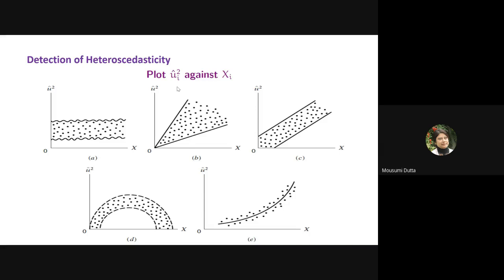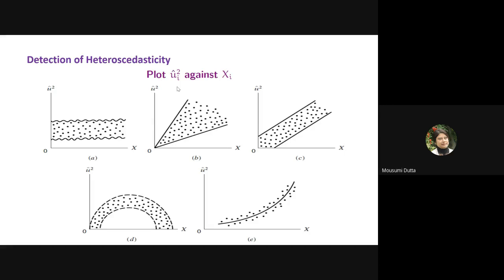We are not interested in the direction of the residual, we are interested in the absolute values of the residuals. So graphically, if we like to check this, we can plot ei square or ui hat square against xi.